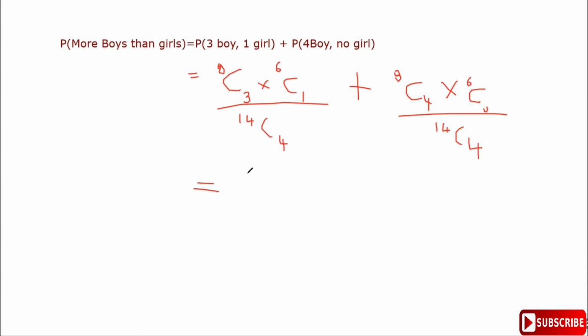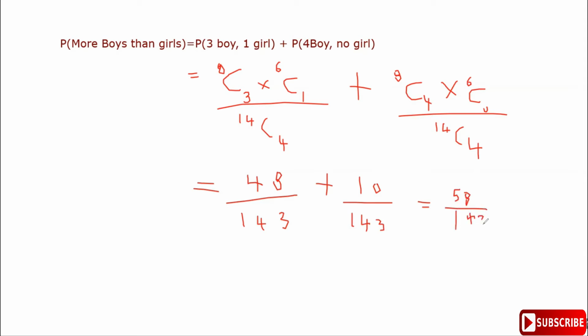This part works out to be 48 over 143, plus this part over here now works out to be 8 choose 4 times 6 choose 0 divided by 14 choose 4. And that works out to be 10 over 143. So now 48 plus 10 is 58 over 143.